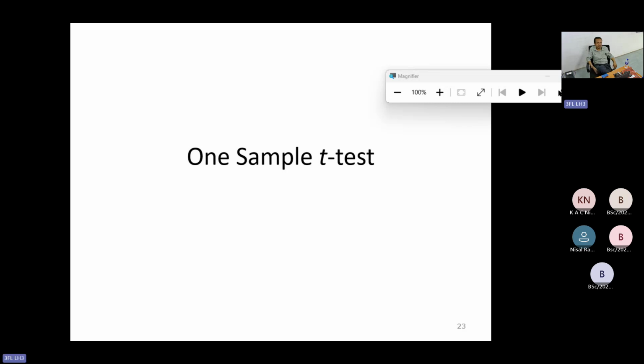Please take down one sample t-test, the third type of t-test.